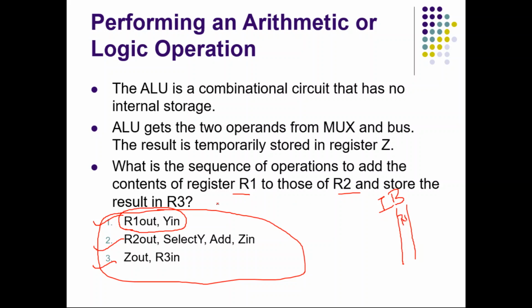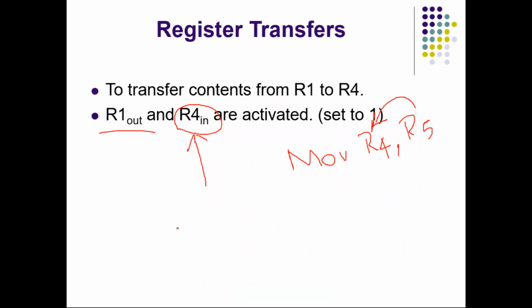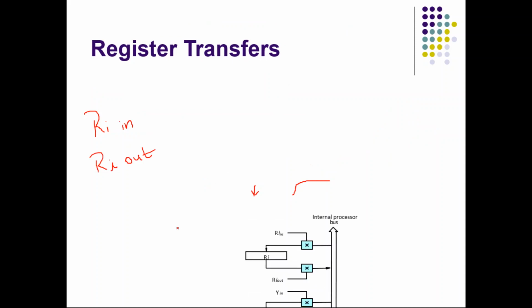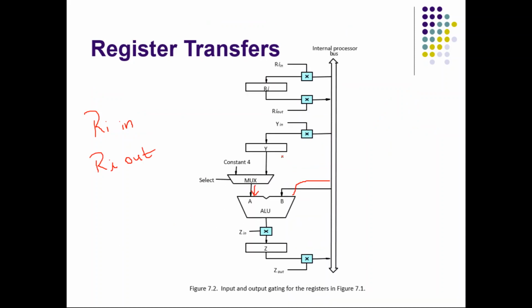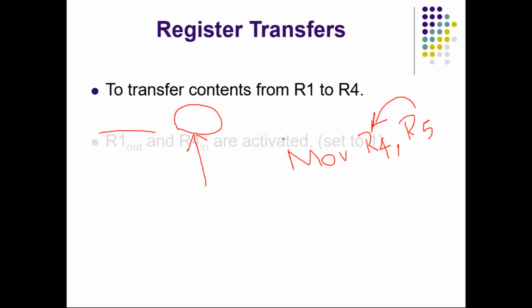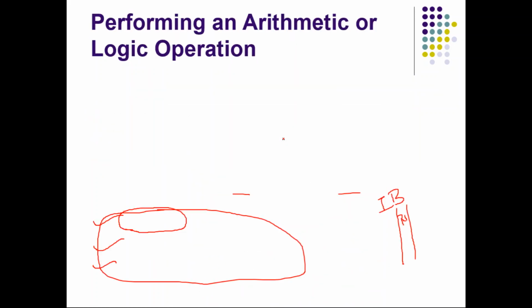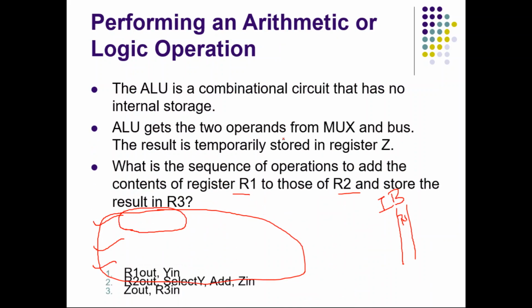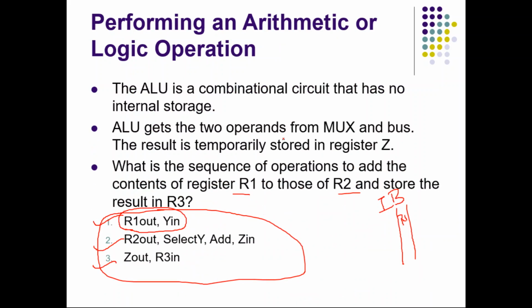At the same time you are activating Y in. What is Y in? Y in is one of the inputs to the multiplexer. So when Y in is activated, what happens? Whatever is in internal bus will be moved to Y. Okay. So now what is in internal bus? If you recollect, in internal bus we have R1, right?